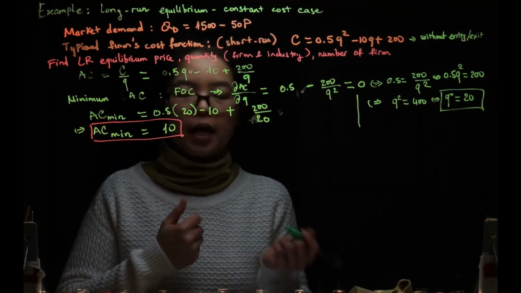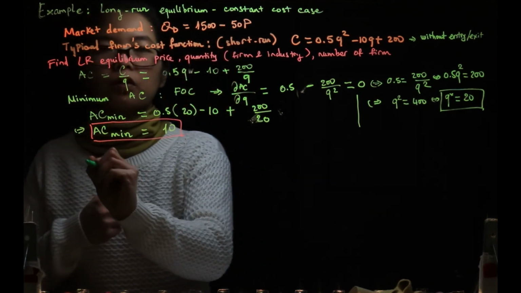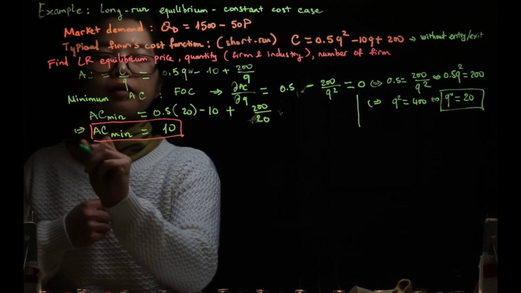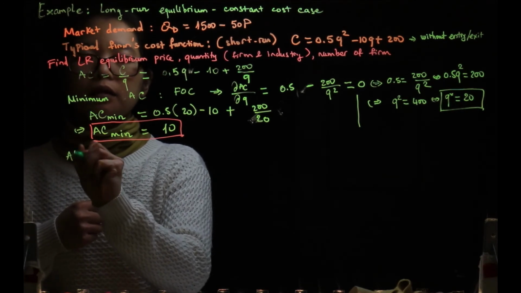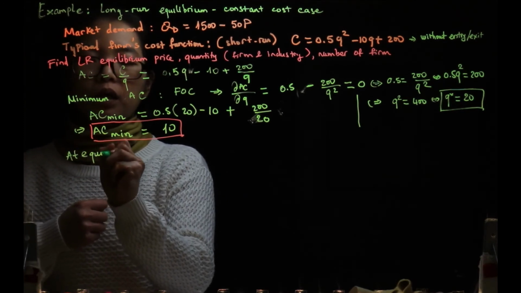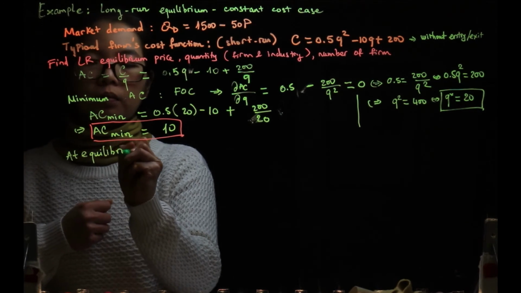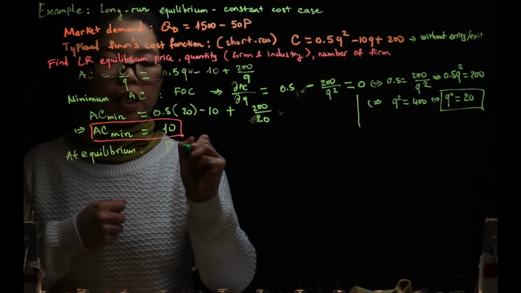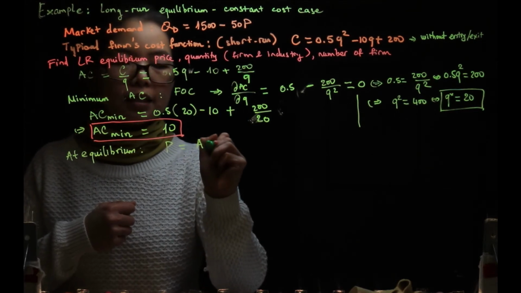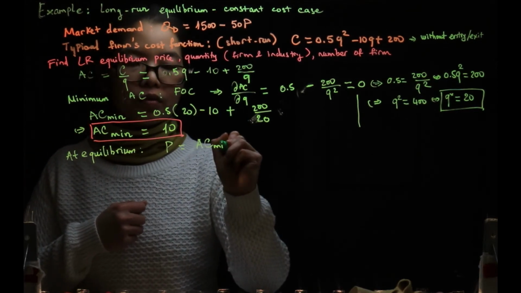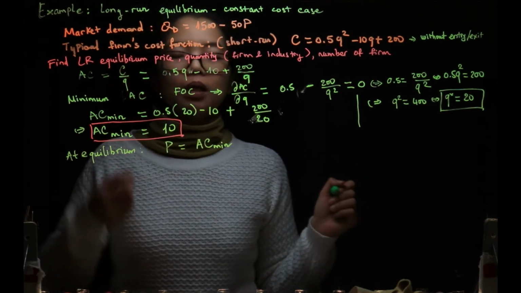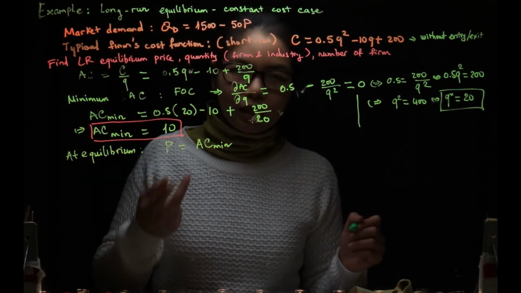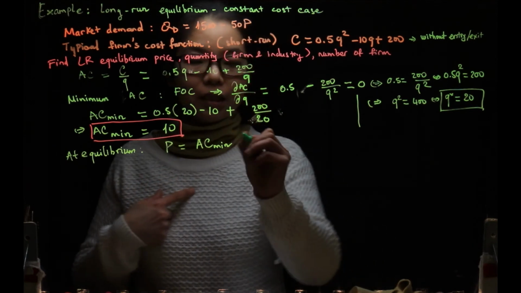And the equilibrium condition required that at equilibrium, one of the conditions is P equals AC min, right? It's equal to AC, but that's equal to MC, and that's only at AC min.